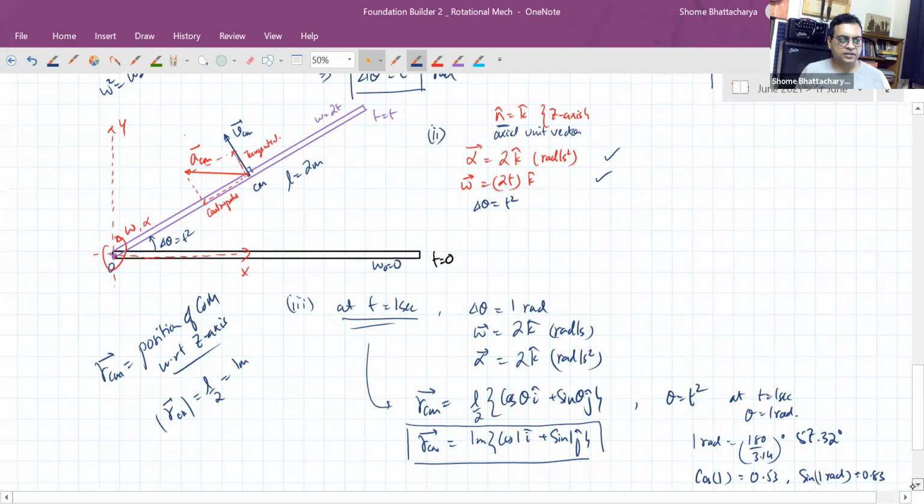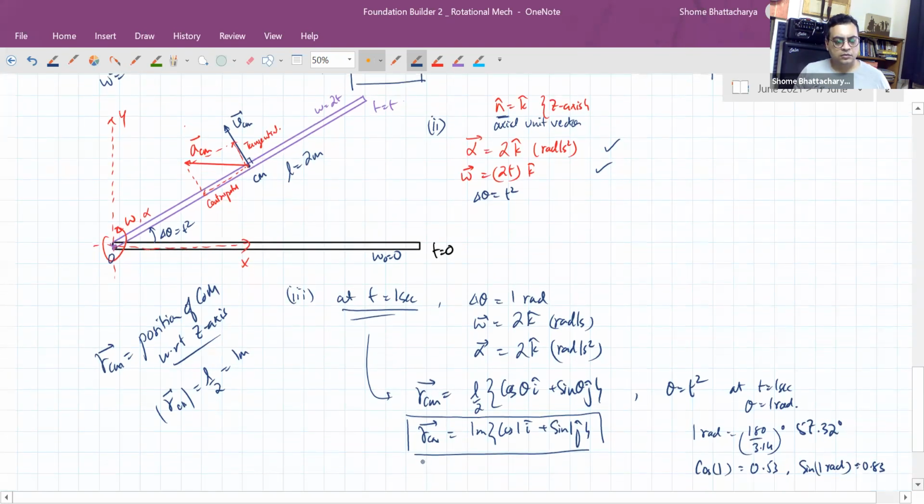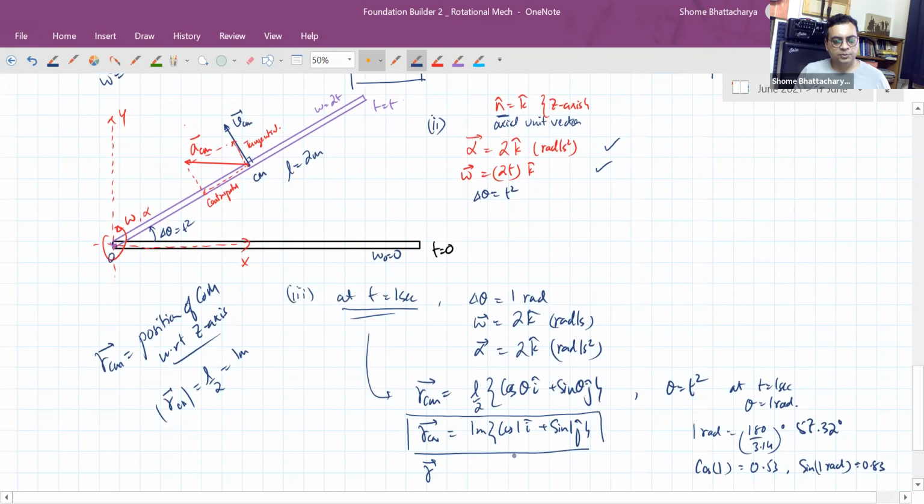So this position vector will be approximately cos 1, which is 0.53, and sin 1, which is approximately 0.83, in meters.